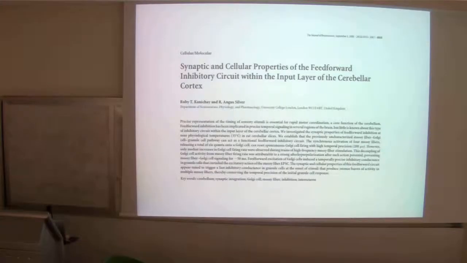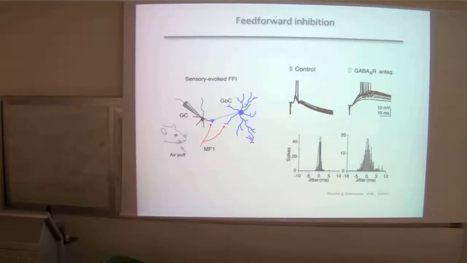The work that's been done up until this point was done in vitro in Angus Silver's lab, and it really nicely mapped out the importance of stimulating Golgi cell input and stimulating mossy fibers to show this classical disynaptic feed-forward inhibitory pathway, which was really nice, and it's fine, but it depends on where you're stimulating, because you can recruit feed-forward inhibition in vivo, but we don't think that it's the primary pathway that's being activated during sensory stimulation.